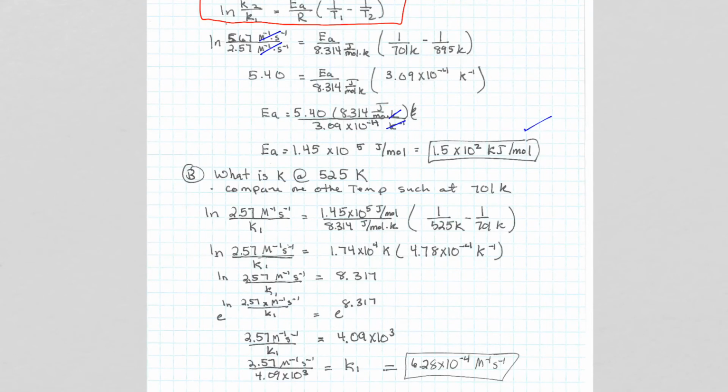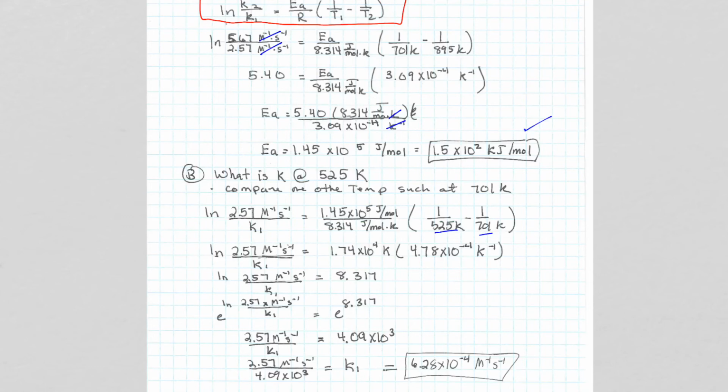We have our T2 here, 701. So we have K1, which goes with our T1, right? And our new temperature is 525 that we're trying to figure out. Okay, so again, we're going to solve our temperature part. We get our answer with reciprocal Kelvins.